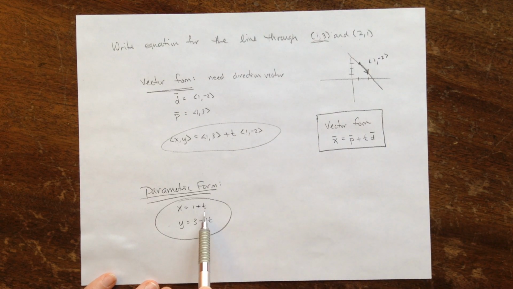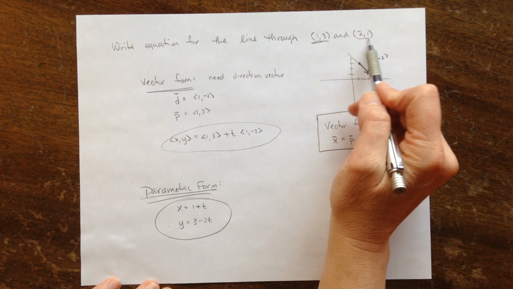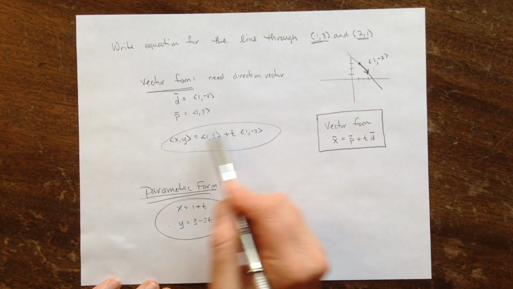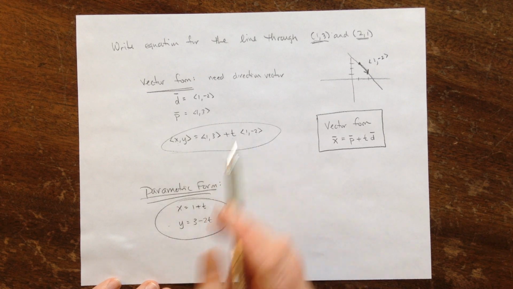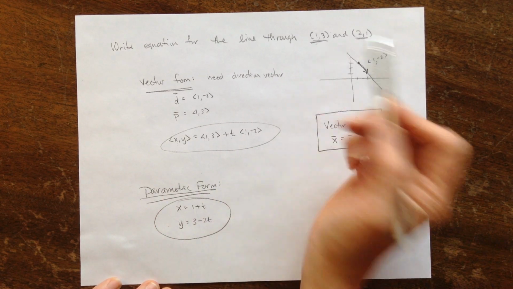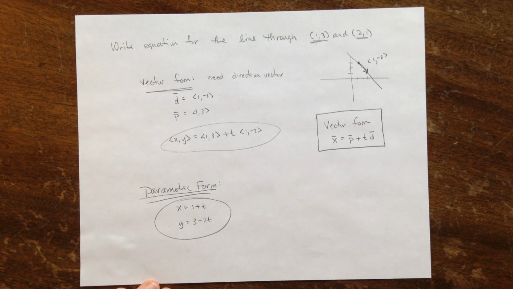And same thing here. If you plug in t equals 1, here you're going to get x equals 1 plus 1 is 2, and y is 3 minus 2 is 1. So both of these points are a solution to either this vector equation or this equation. Then we can get this point by plugging in t equals 0.